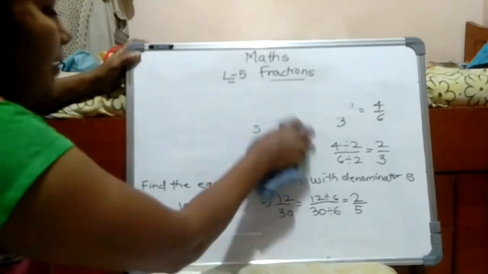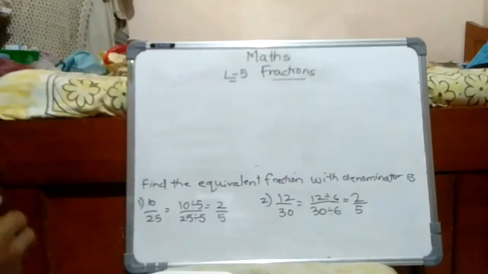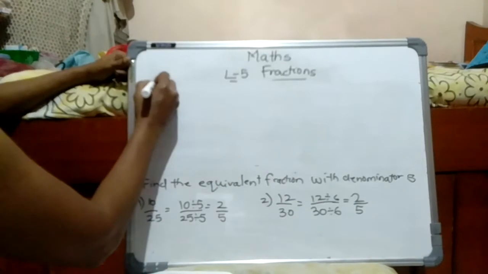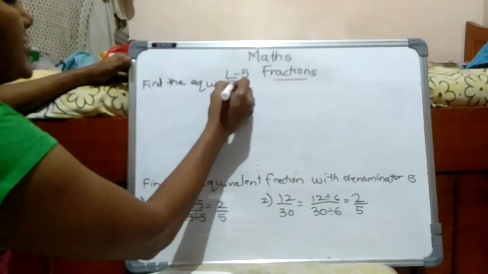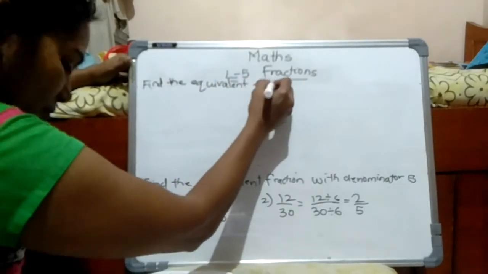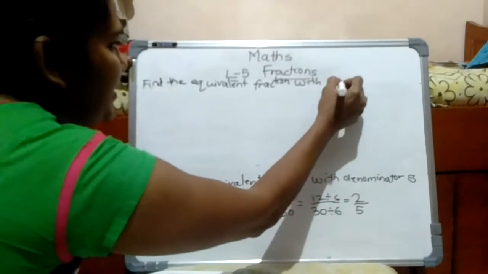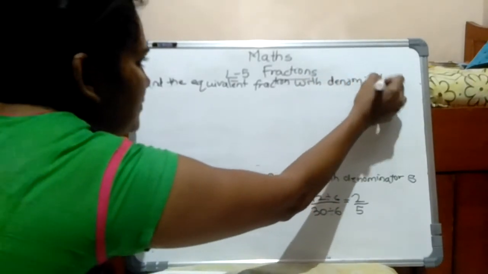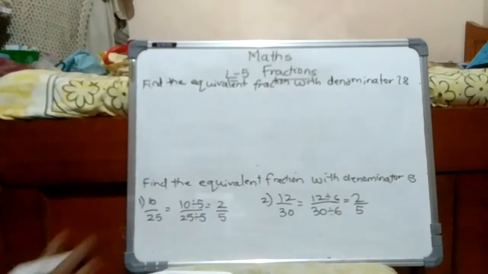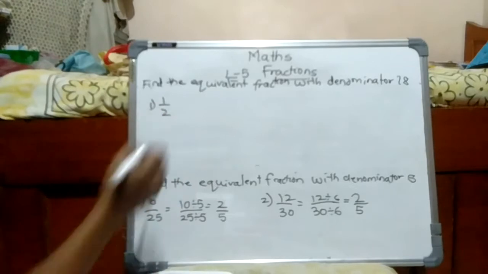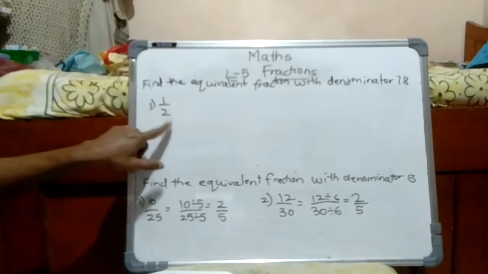Find the equivalent fraction with denominator 18. Suppose first is given 1 upon 2. Now we know how to get the denominator 18.